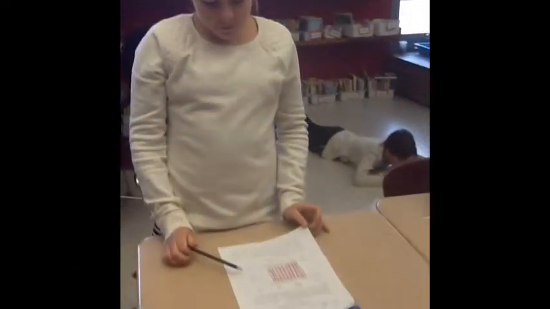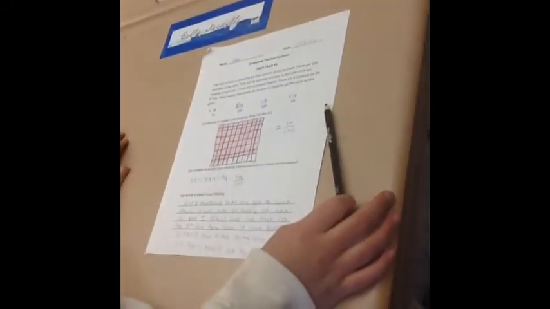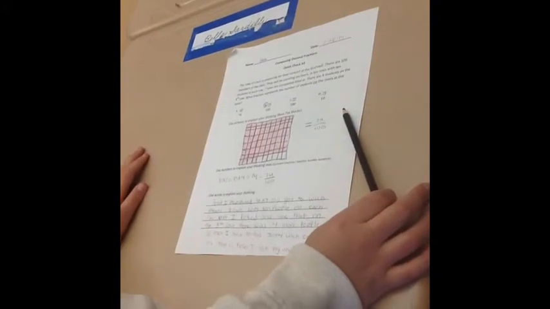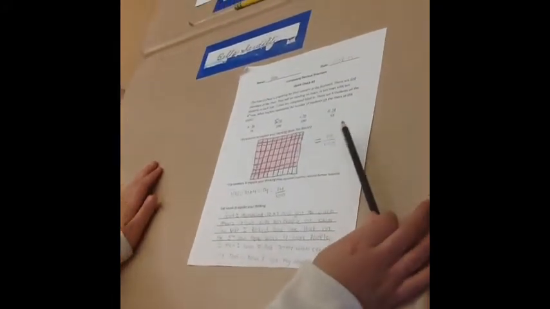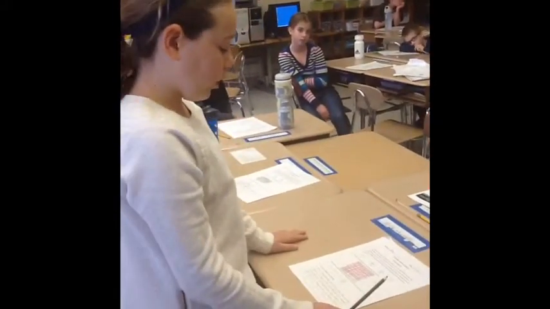I got 74 100ths because what I did was I looked at the problem and I saw that there was 7 rows filled and each row had 10 kids. So I did 10 times 7, which got me 70. And then also it said on the 8th row there was 4 more kids.